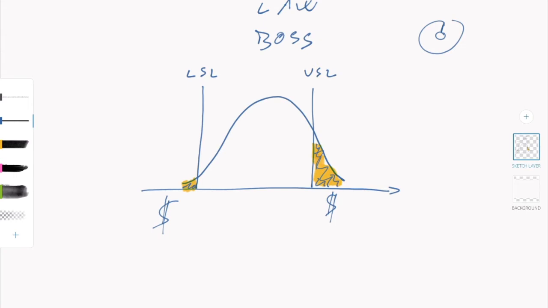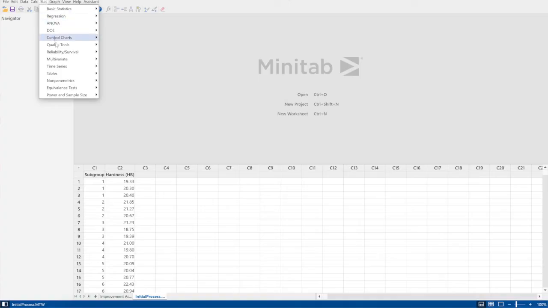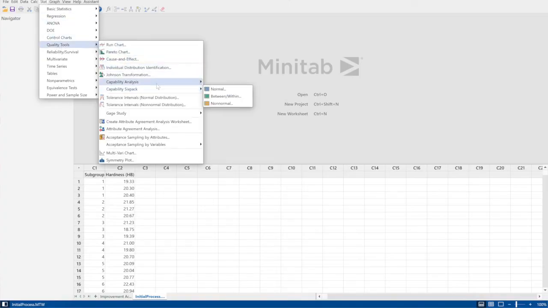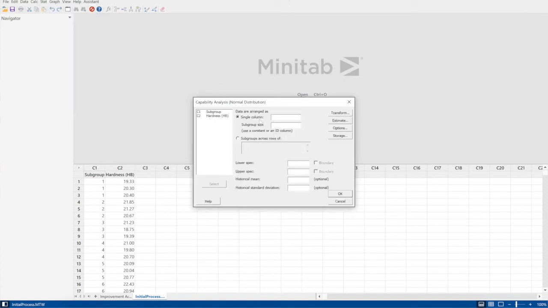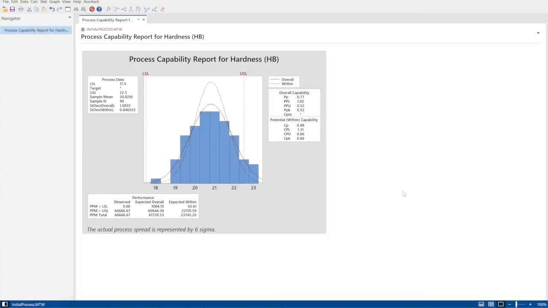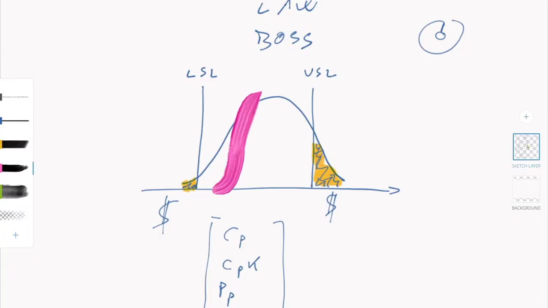Capability analysis, with a set of statistical indexes called CP, CPK, PP, PPK, will let you quantify how capable you are of having a process that will live inside your specification limits, thus not giving you out of specification items.